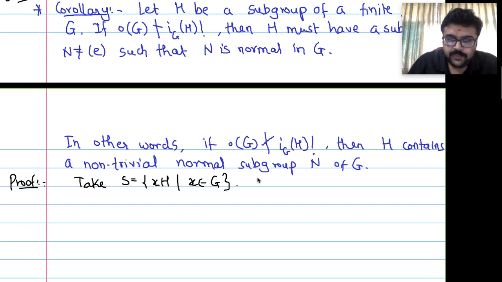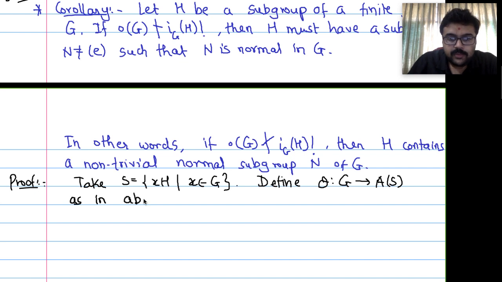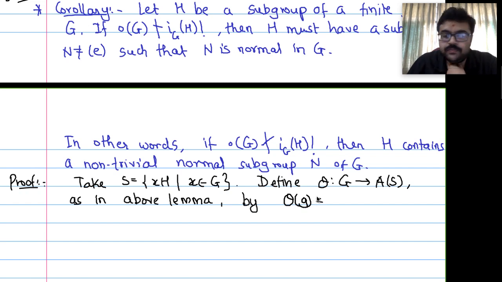We define theta from G to A(S), as we had defined above, as in the above lemma. So how do we define it? We define theta of g equal to T_g, just as in the above lemma.